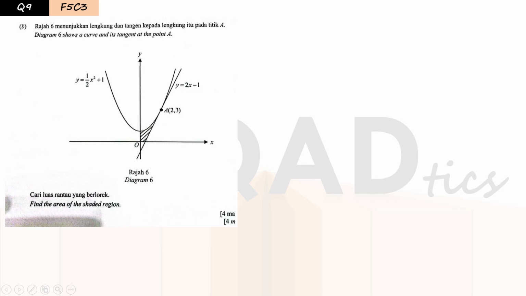For part B, we are given the curve and also its tangent, which is intersecting at point A. Both of the lines have their own equations. Here we need to find the area of the shaded region, which is from here until the very top, reaching point A, and then back here.